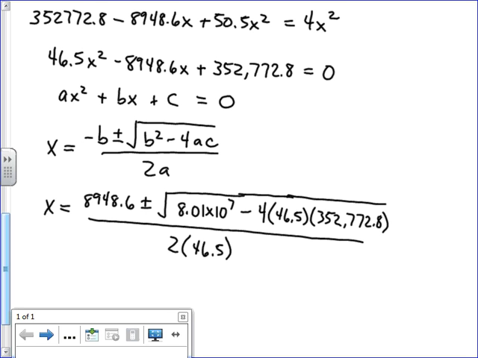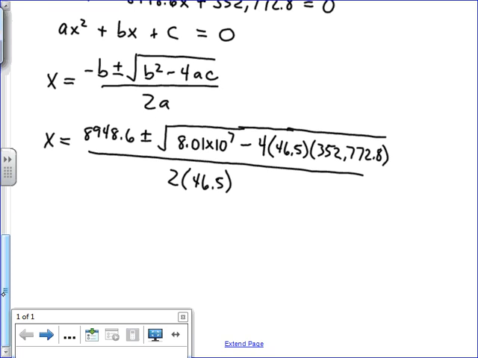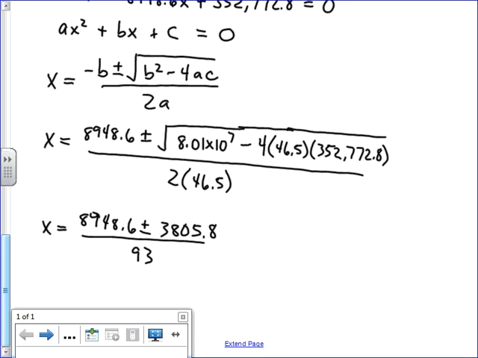Okay, so what I'm ending up with here, what happened to my extend page thing? Oh, it's down here. x equals 8948.6 plus or minus 3805.8 divided by 2 times 46.5. So glad I'm not doing this in class.